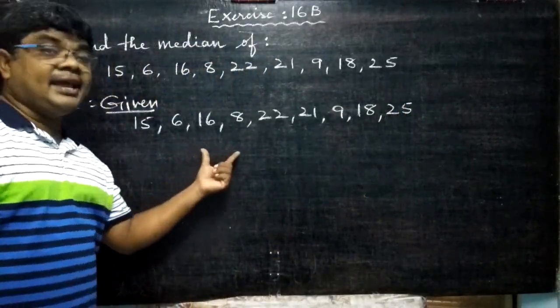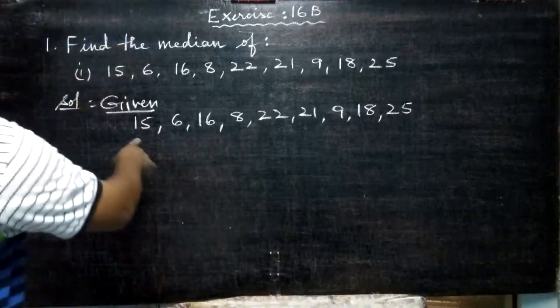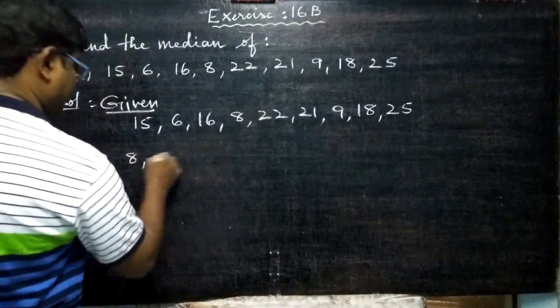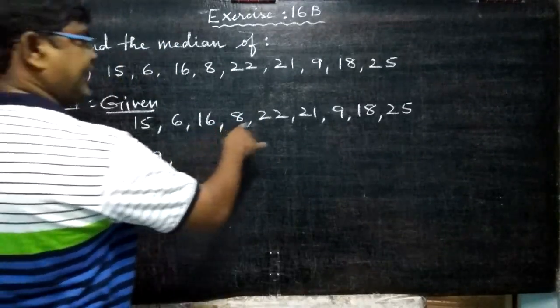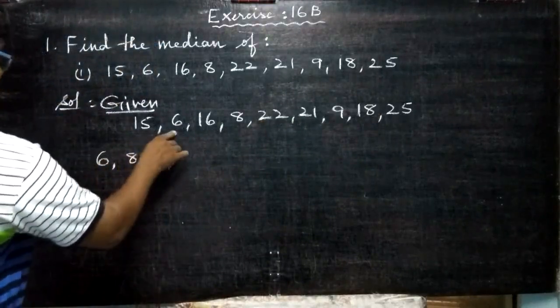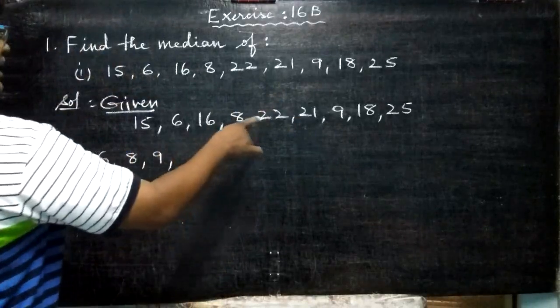We have to arrange the given observations in ascending order. Which is the smallest number here? 6, followed by 8, then 9.